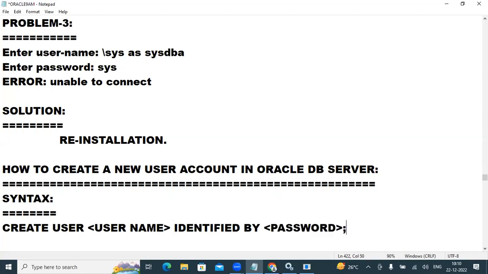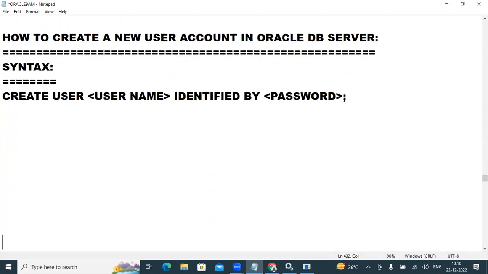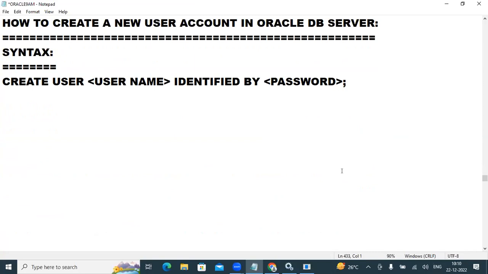Whenever you want to create your own username and password, use this syntax. Okay, right. So now how do we create a username and password?